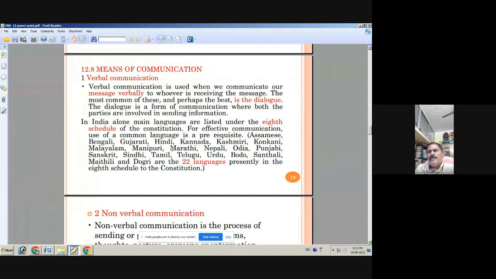It may be Assamese, Bengali, Gujarati, Hindi, Kannada, Kashmiri, Konkani, Malayalam, Manipuri, Marathi, Nepali, Odia, Punjabi, Sanskrit, Sindhi, Tamil, Telugu, Urdu, Bodo, Santali, Maithili, and Dogri. We allow the use of these 22 languages for communication. So definitely, verbally we can use our own language, and our own language, the mother tongue, will also be very effective.